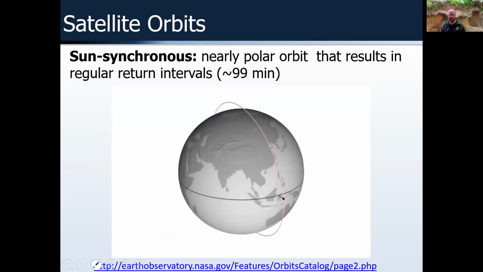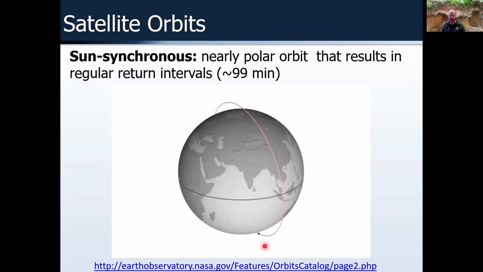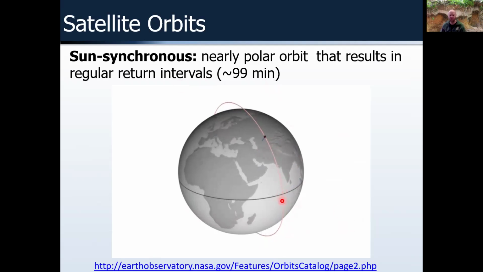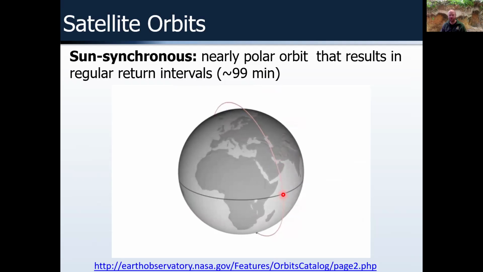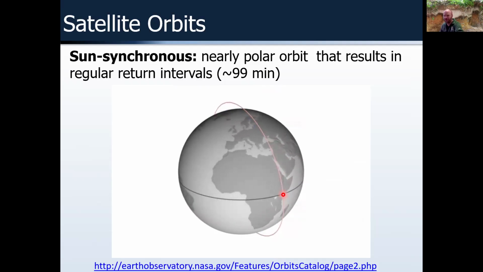Here is an integrated animation to show you how this sun synchronous orbit works. The satellites are orbiting approximately polar, north to south, and passing over the equator. As they do, 99 minutes later, it returns and the Earth has rotated underneath it, so to speak.